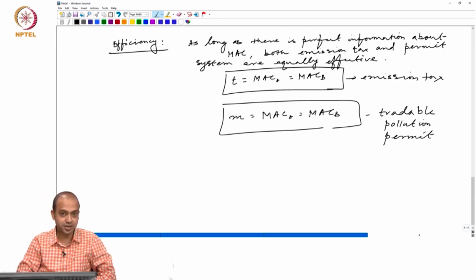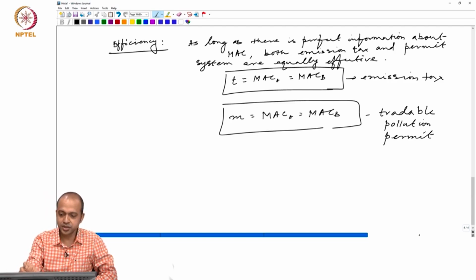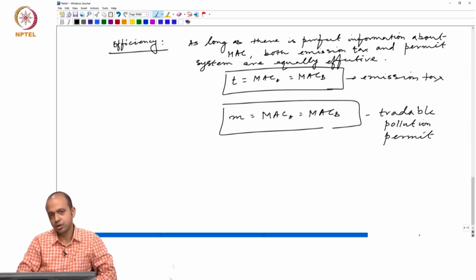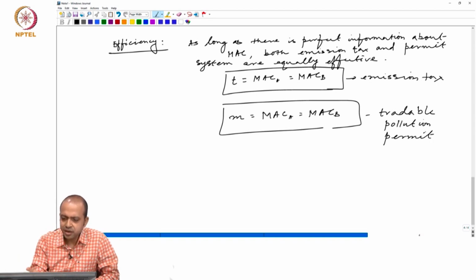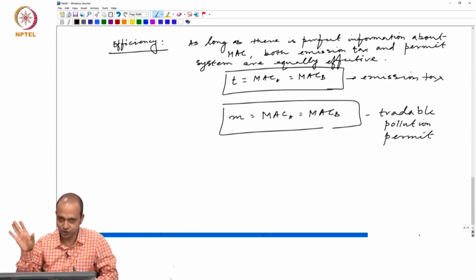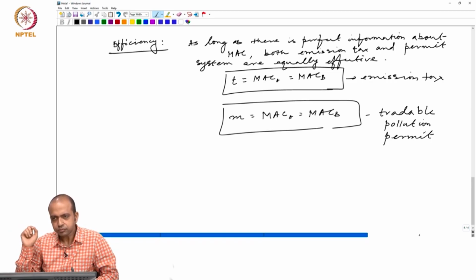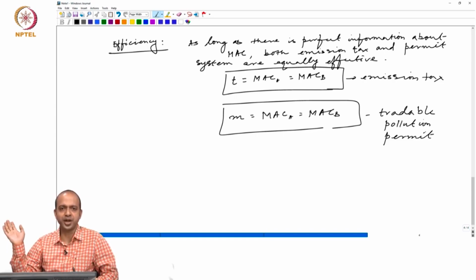But the challenge arises, as I said, when there is asymmetric information between the regulator and the firms about their true marginal cost of abatement, right. Now, we said here that when the marginal cost of abatement is completely certain, then emission tax is efficient. That means, indirectly we can say that imposing emission tax is better than imposing some kind of uniform standard.